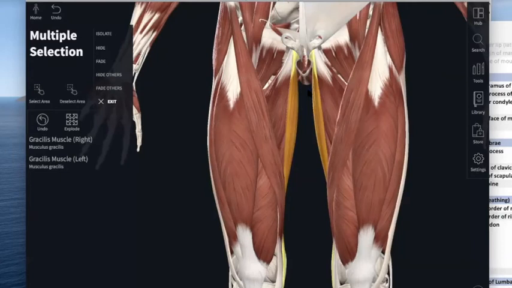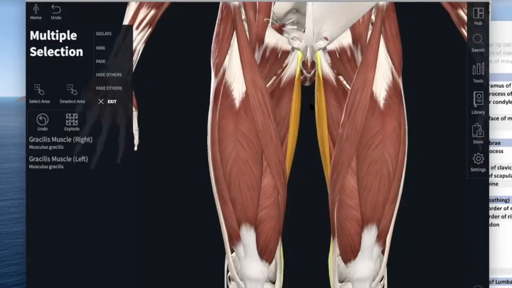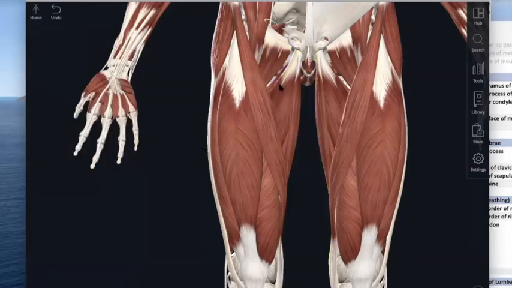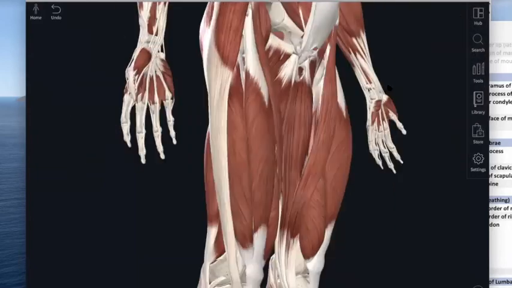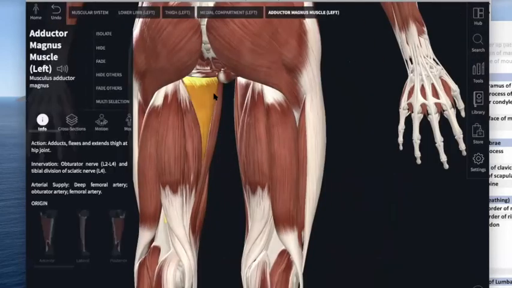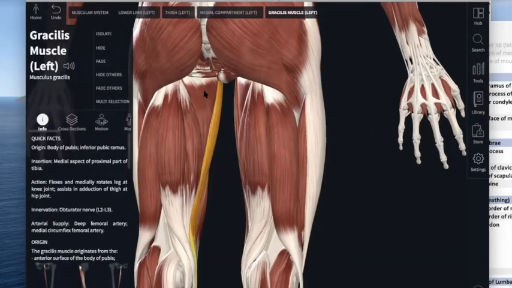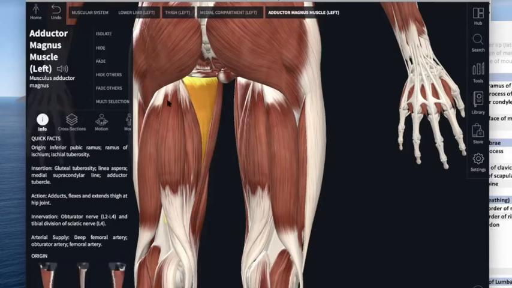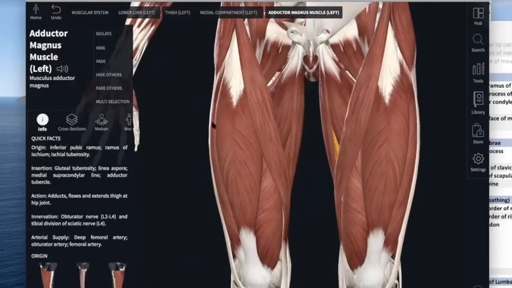So if you want to go from medial outward, the ones you have to know: you've got your gracilis, your adductor longus, pectineus. So those are your gracilis, your adductor longus on the front, and then, starting again from your gracilis, your adductor magnus on the back. And they're all doing an adduction movement, right? Bringing your leg back in towards your body.